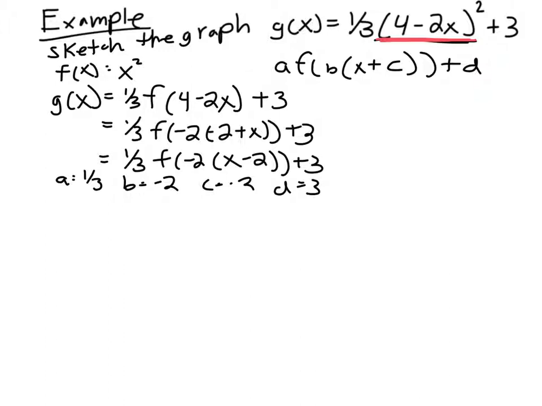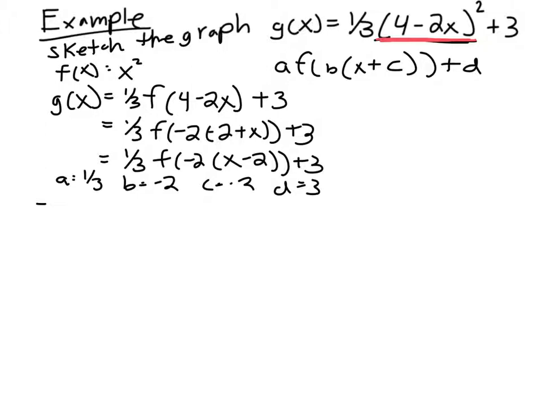Okay, so let's think about what this means with regards to the transformations. Starting with A, the vertical stretch or compression, right? And remember, if A was a fraction, it was a vertical compression.